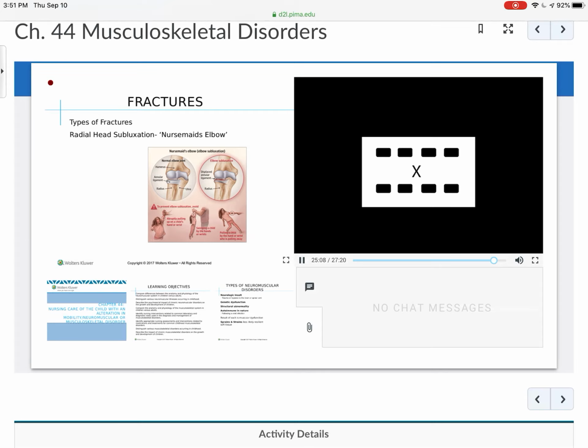So kids will come in not moving their arm, and what the doctor will do is have the parent hold one arm, and the arm that's injured, they'll hold a toy or popsicle, and when they go to grab it, they twist their arm a little bit, and that pops it back in place. It's not a fracture, it's not abuse, it's nothing like that. It's just something that could happen until that ligament gets stronger.